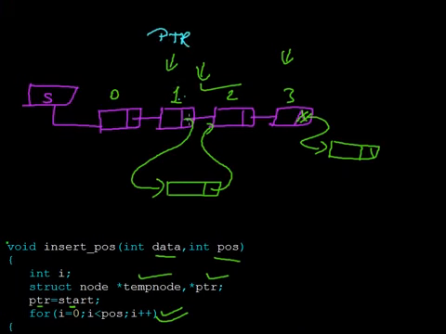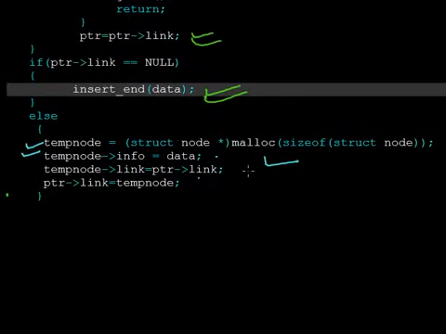So ptr's link part, which contains the address of the next node, will be copied in here by executing this statement. So the temp node's link part will be overwritten by the address of the next node, meaning ptr's link part.